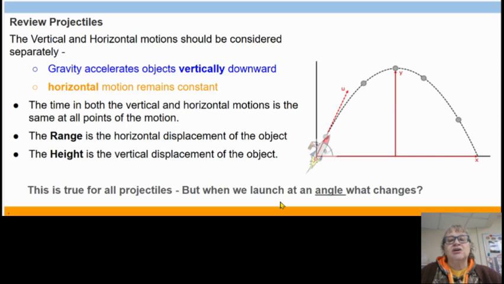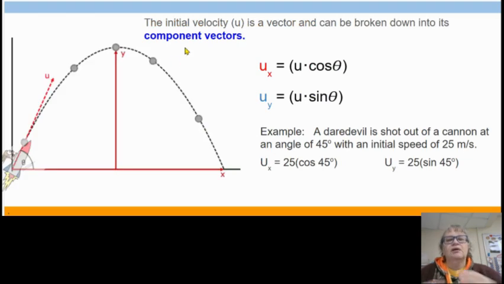But when we launch at an angle, what changes? Instead of launching it straight ahead, what happens if we now tilt that rocket and fire it up into the air? What changes is the velocity. If you're now launching it at an angle, there's now velocity considered in the y direction.